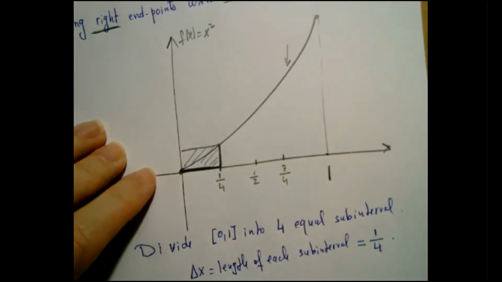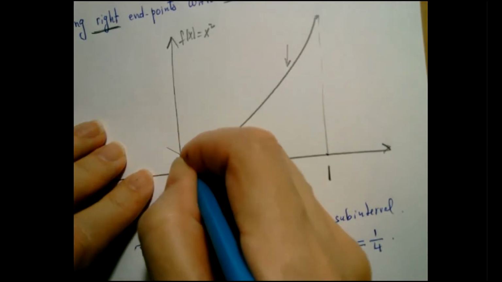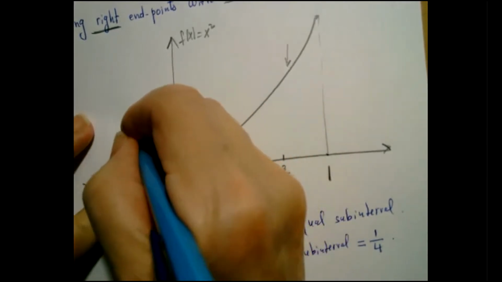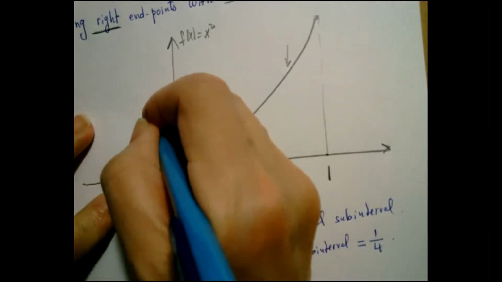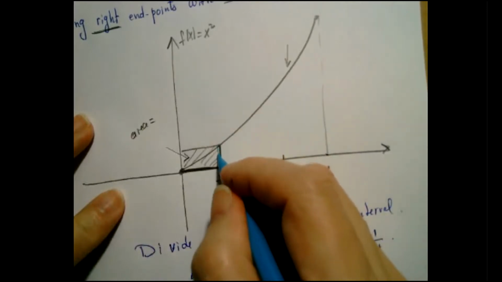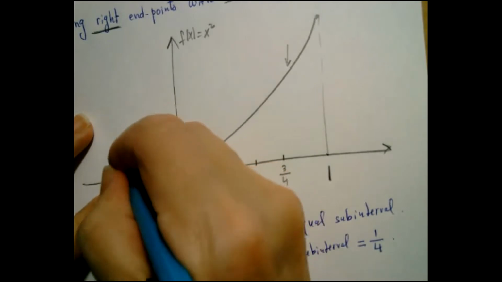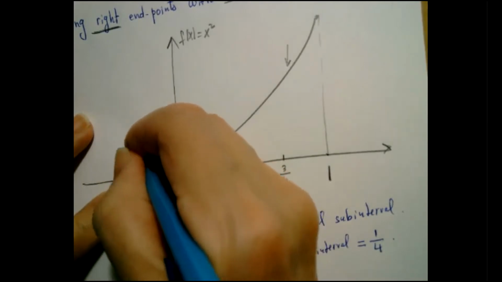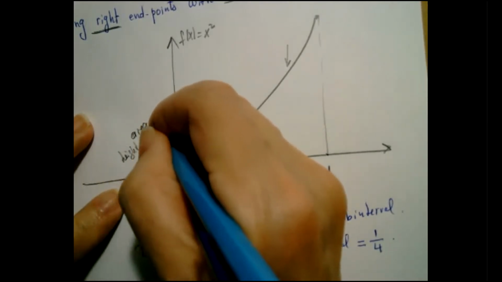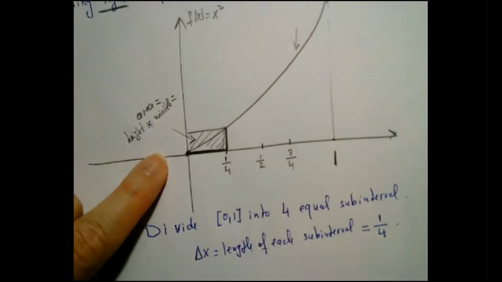Let me find the area of this rectangle. What's the area? It's the height of the rectangle times the width. Now, what's the height of this rectangle?